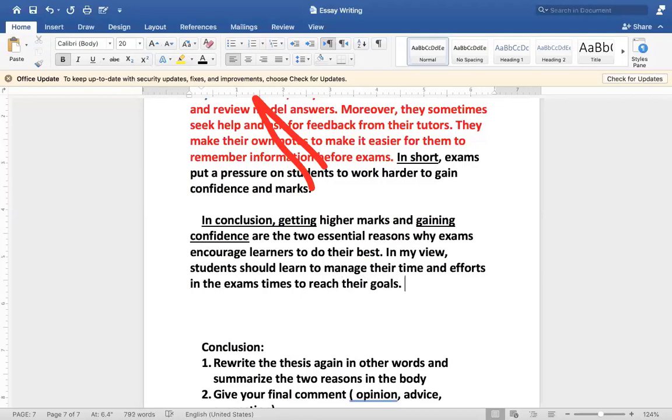What do you think, guys? What did I add last? I added advice, a piece of advice to the learners. Students should learn to manage their time and efforts in the exams times to reach their goals. This is a piece of advice that I'm giving to students or to learners or to whoever has exams.